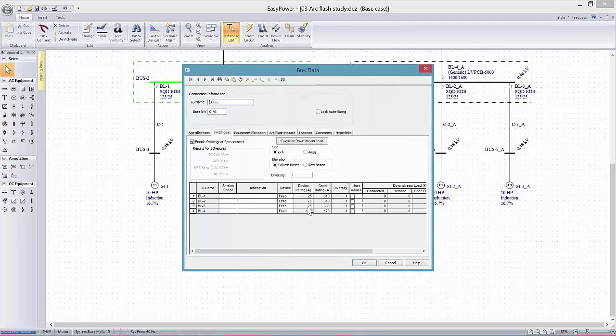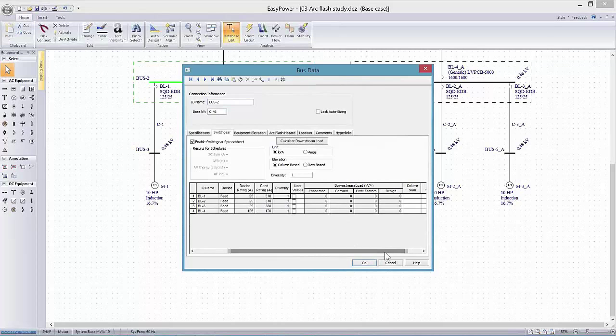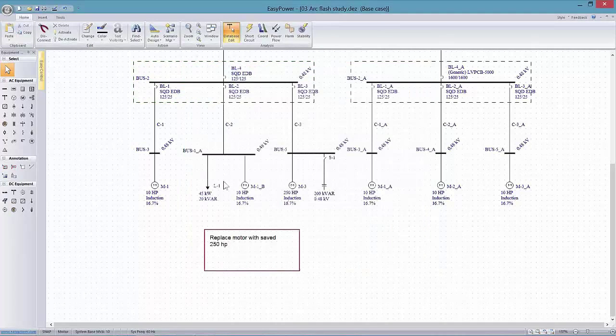Let's see if we can find an example where we have a switchgear, we have a device rating, condition rating, and diversity. Well, I guess I take that back. You could use these in relatively the same way, but in reality, what we're talking about is code factor. There's three terms that come into play. Code factor is more the one that the utility looks at.